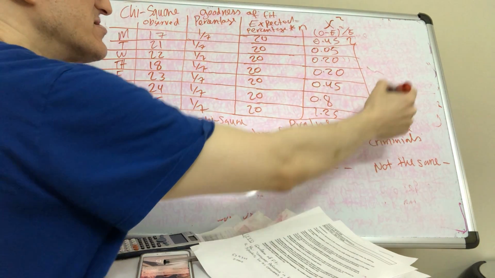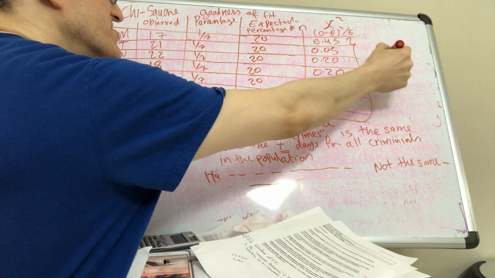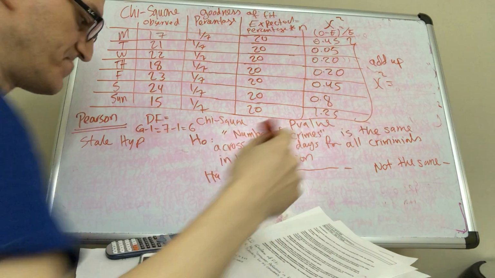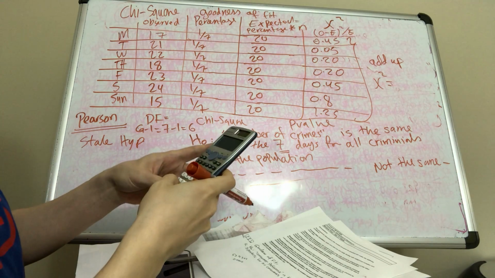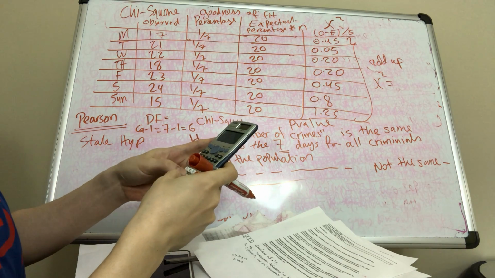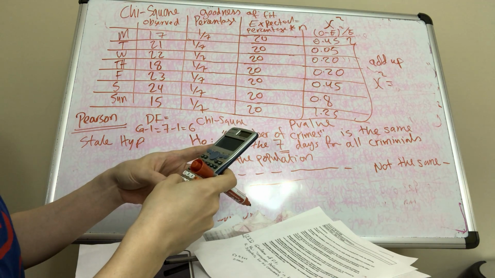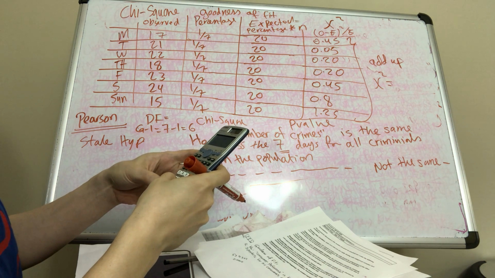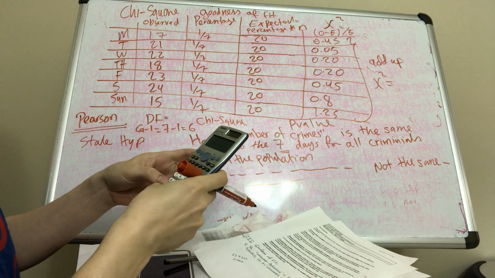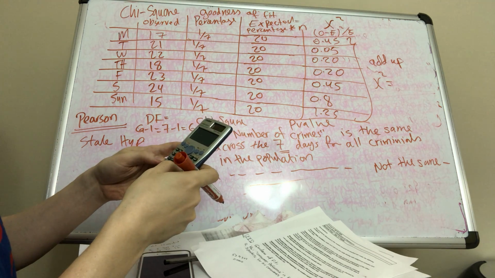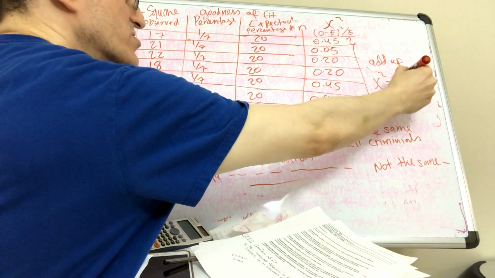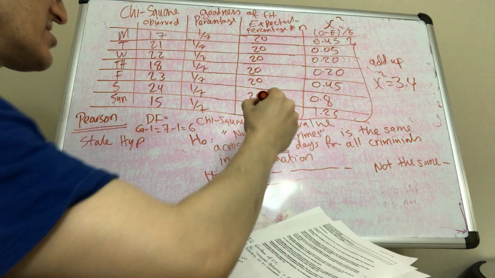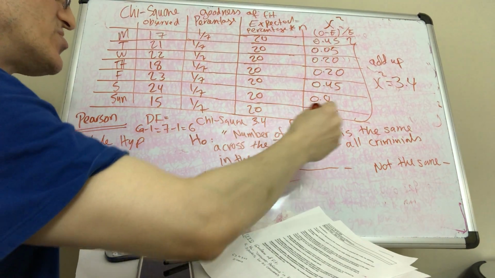After you do this, you add them all up, and that gives you your chi number. So 0.45 plus 0.05 plus 0.2 plus 0.2 plus 0.45, 0.8, and 1.25. Your chi number would be 3.4. So your chi-square is 3.4.